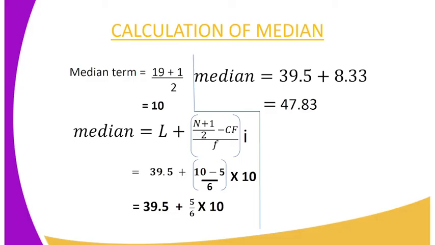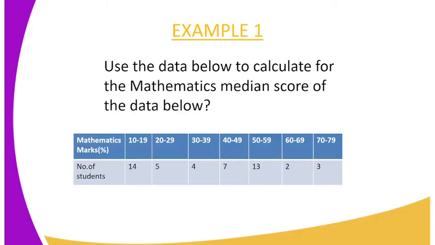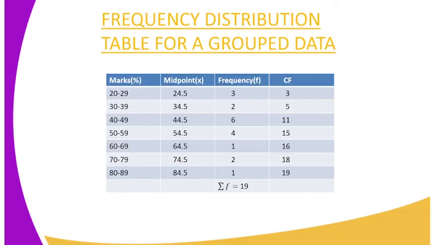And therefore you go back to the table, where we have the column cumulative frequency, and you try to find 10, and the 10th term lies in 11, and therefore you will move across that row up to where we have a class between 40 to 49, and the lower class limit in this case is 40.